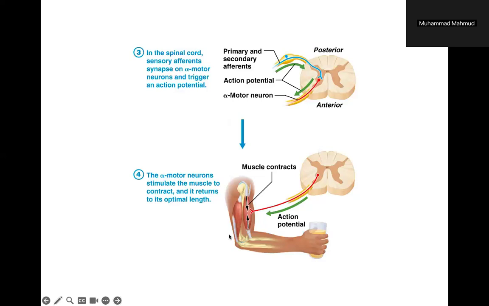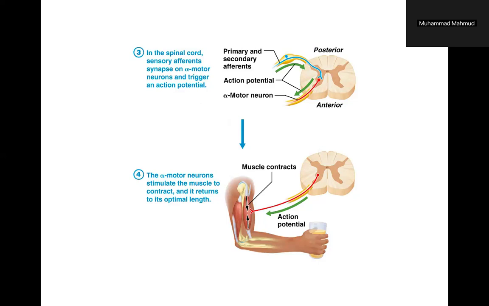In the spinal cord, this sensory afferent synapses on the alpha motor neurons and triggers an action potential. You see there is only one synapse between the blue and red line. And what happens next is that this motor neuron, a specific alpha motor neuron, stimulates the muscle to contract and return to its optimal length.